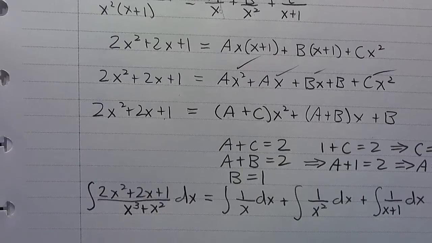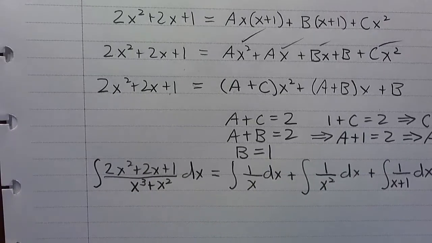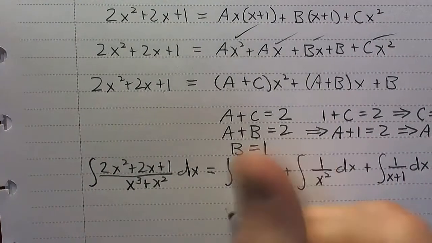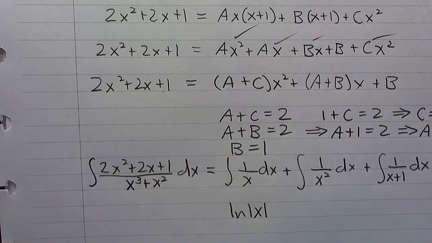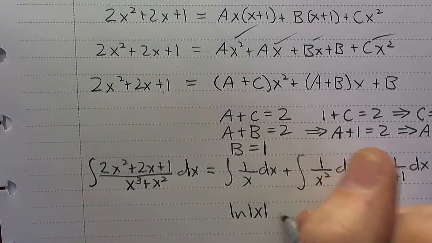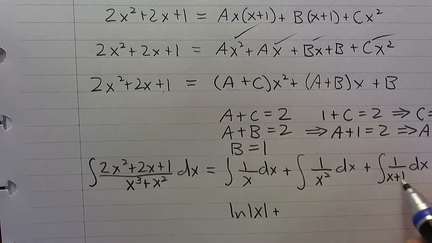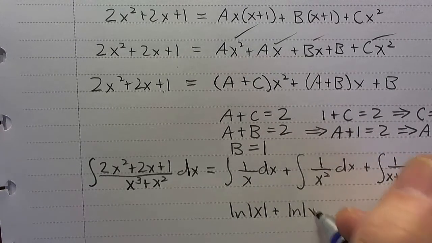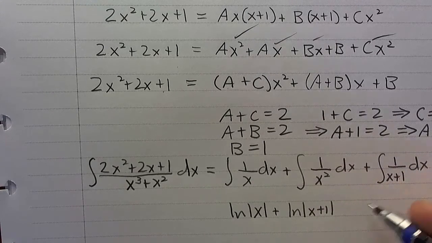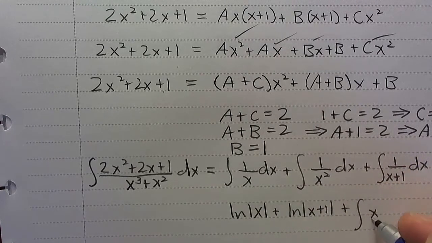There. So these integrals are much more tame, and of course this is going to be natural log absolute value of x plus this one right here, natural log absolute value of x plus 1. And then we've got this one, which is x to the negative 2. So we have to be careful.